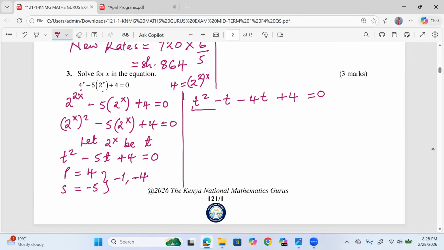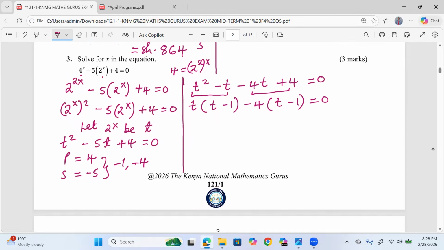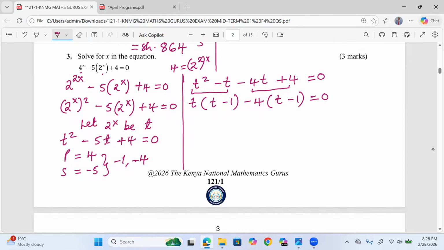From the first two here, we factor out t, then we remain with t minus 1. And in the other two here, we can factor out a negative 4, so that we remain with t and a negative 1. This is all equal to 0. At this point, from inside the brackets, we have t minus 1, and outside the brackets, we have t and a negative 4.